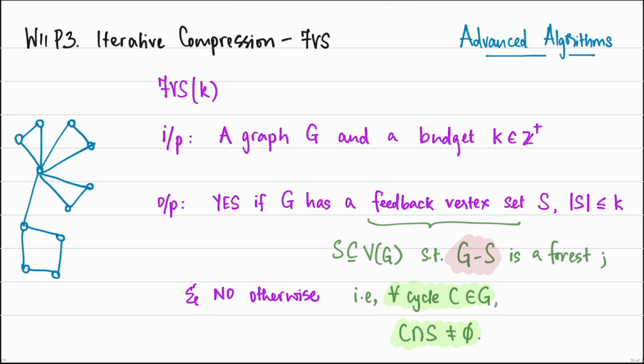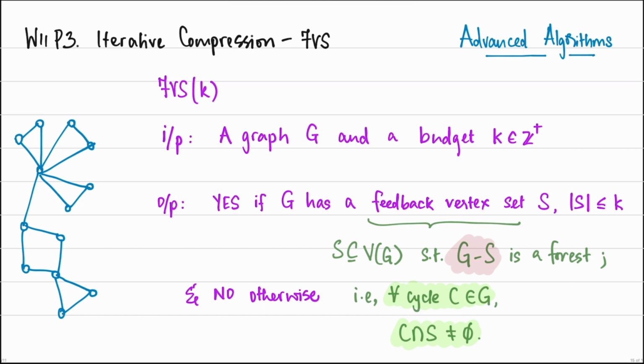And if your input graph is a complete graph, then you'd have to pick almost all the vertices. So for example, if you did not pick as many as n minus 2 vertices, you would still be left with a triangle because in a complete graph, every pair of vertices is connected.